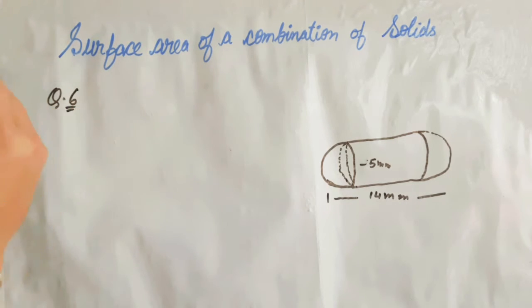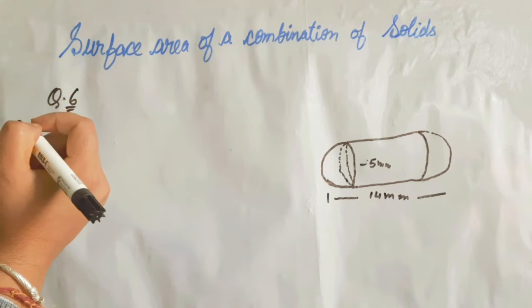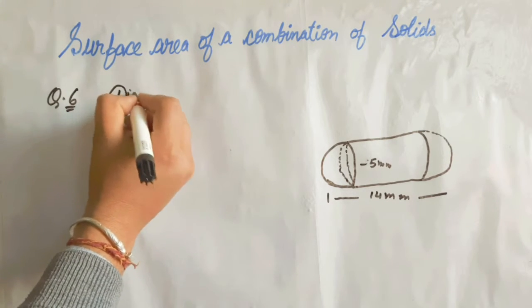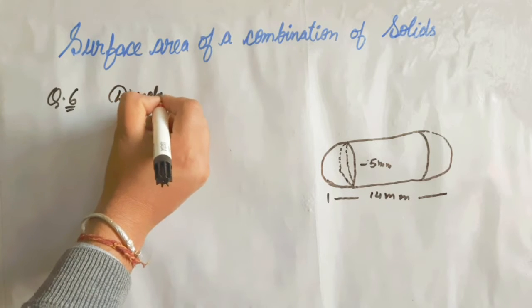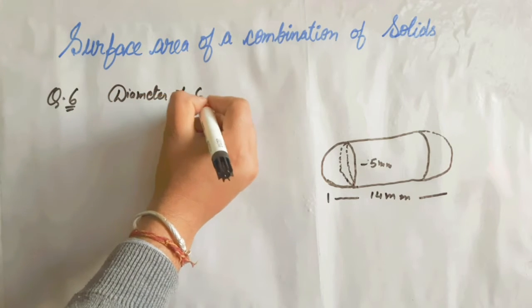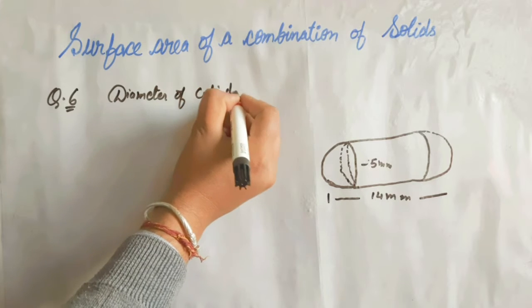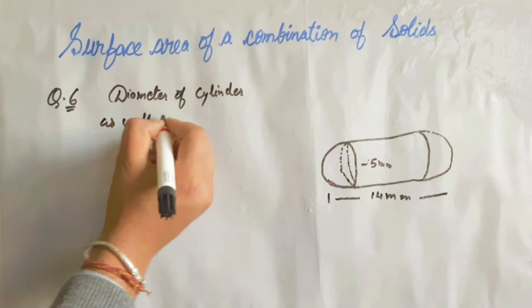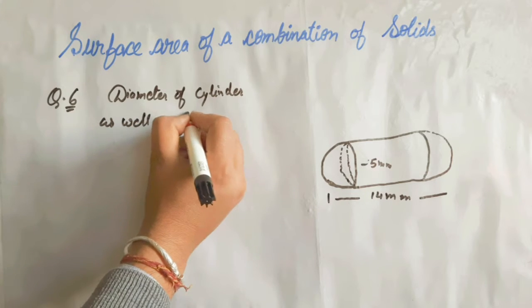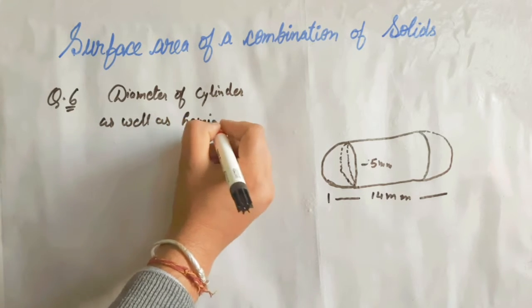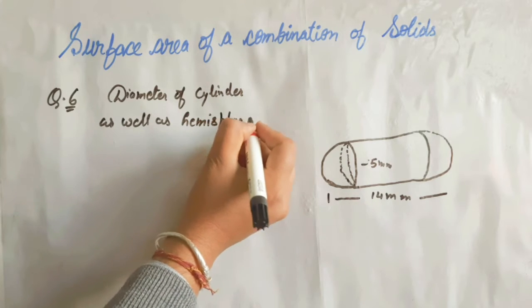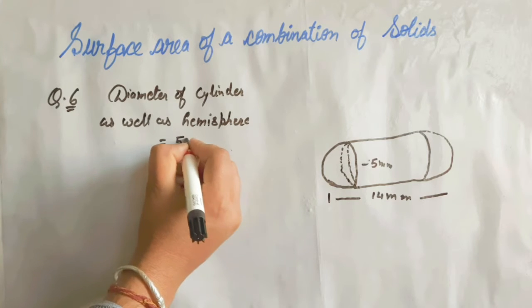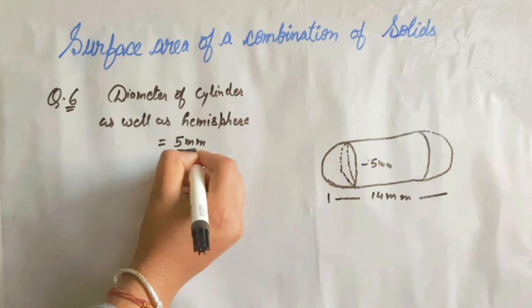So this is question number 6 and its dimensions are diameter of cylinder as well as hemisphere is given equals to 5 millimeter.